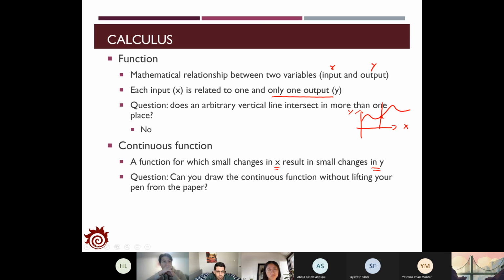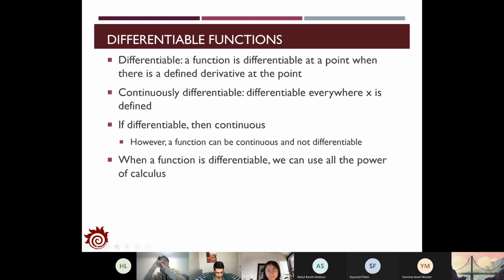Because it's continuous, the answer is definitely yes. We will not see any gap along the function, no holes, no skips for any values of x. So this is the discrete function, this is the continuous function.